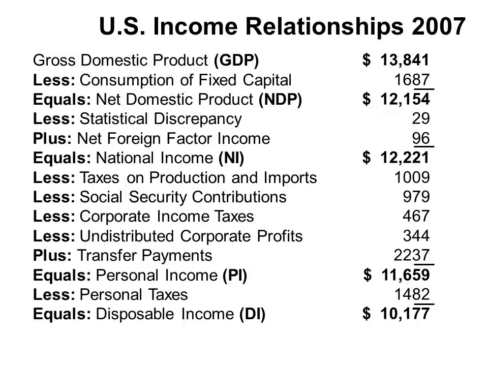If you take 10,177 over 13,841, that will give you what percentage of disposable income was actually generated by the economic activity within the United States.